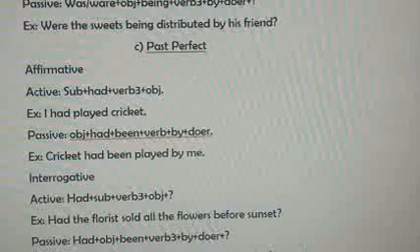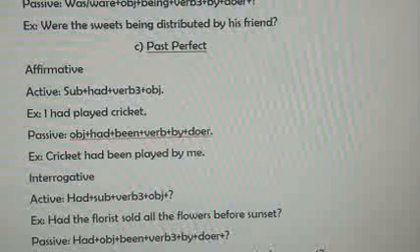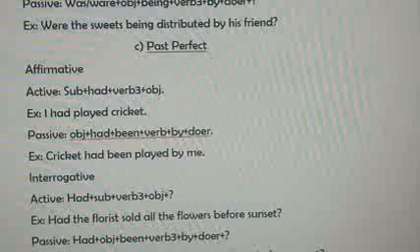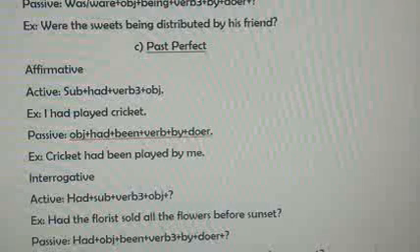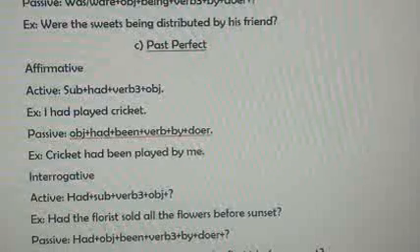Before sunset. Okay. Now, my dear children, over here we have already completed present tense, and now the past tense is also completed.